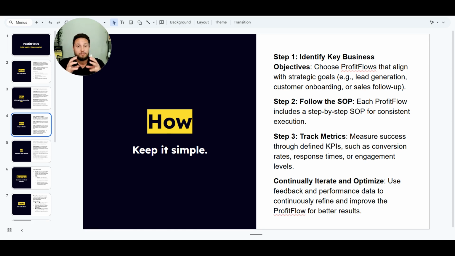Then we want to document the actual SOP, the standard operating procedure or standard operating process, that is a step-by-step, start to finish that we expect somebody to do in order to get to a consistency of outcome. And in terms of delegation or creation of this profit flow, we genuinely want to do it for yourself before you do it for others, right?